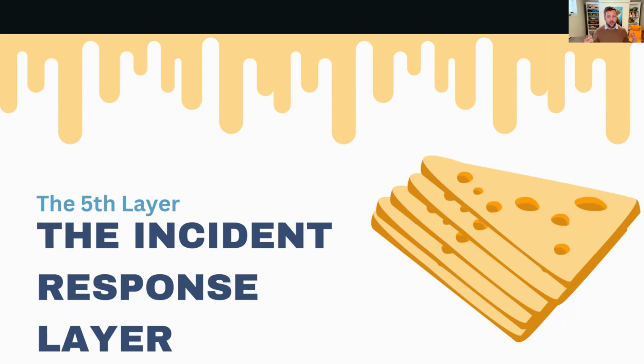The fifth layer is the incident response layer. This is a really tough one for us as cybersecurity professionals, because we like to do as much proactive work as we can to try to avoid an incident and a breach and those types of things. But the reality is a breach can come in many different sizes and levels of impact.